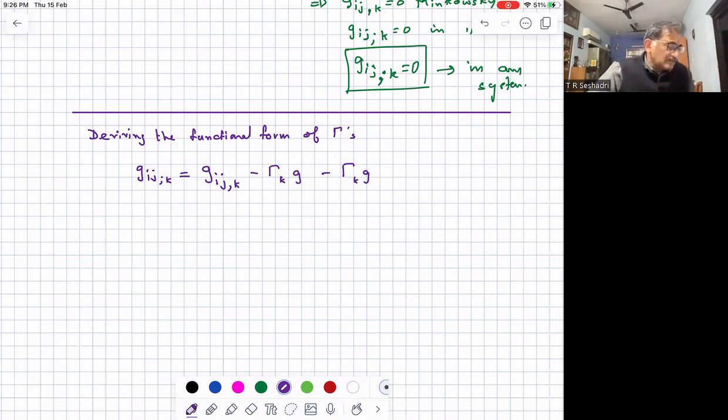Now I will take the indices of Gij one by one. First, I will replace the i by a, keeping the remaining j. In the next one, I keep the i where it is and replace j by a, putting an a and then a j.